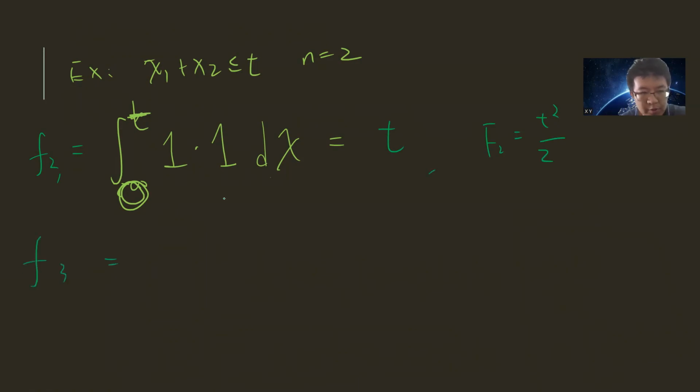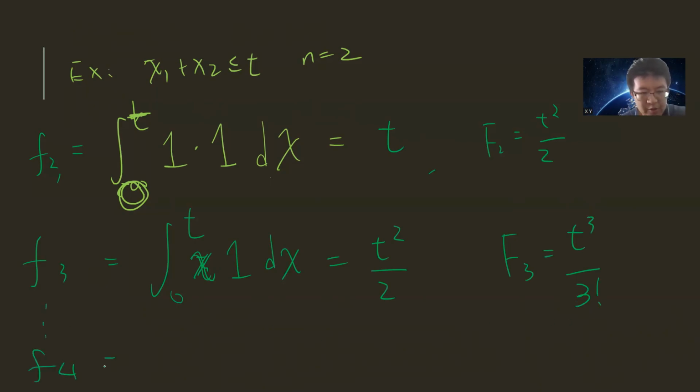Now you can do f3: you plug in, and now it becomes x, and the second one is still 1, so x dx from 0 to t. You get t squared divided by 2, and f3 is t cubed divided by 3 factorial. You can keep going.